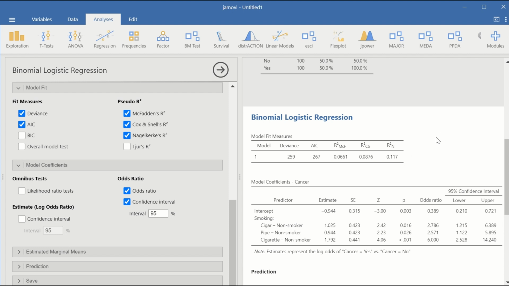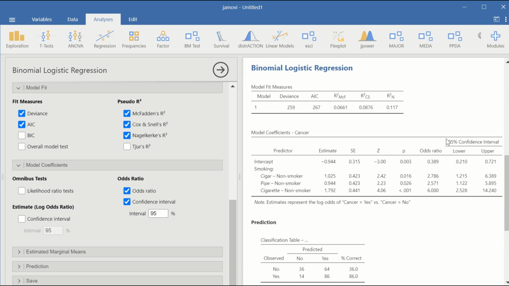can be explained by smoking. Moving to the second table, which is a very important table for model coefficient with the outcome, which is cancer. Again, the predictor here is given. Intercept, we will not talk about intercept in this section. For smoking, there are 3 categories. All of them have been compared to non-smoker.